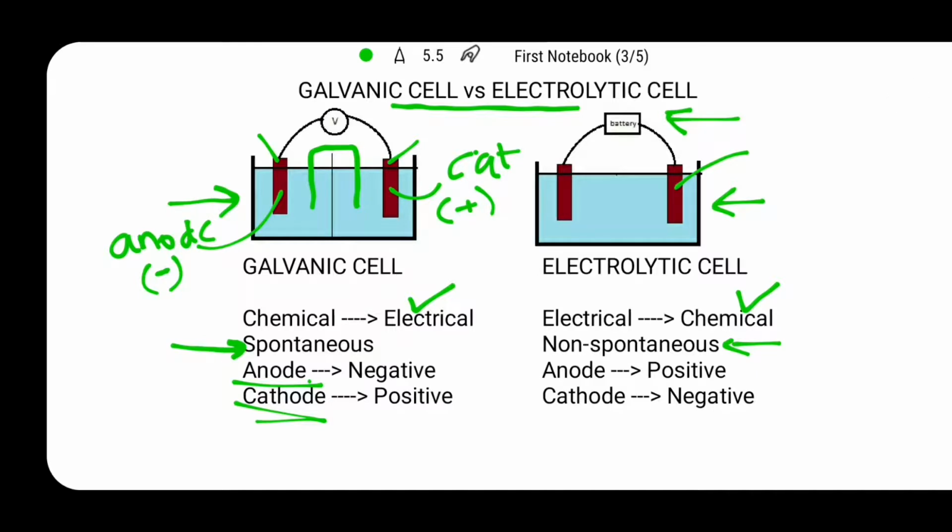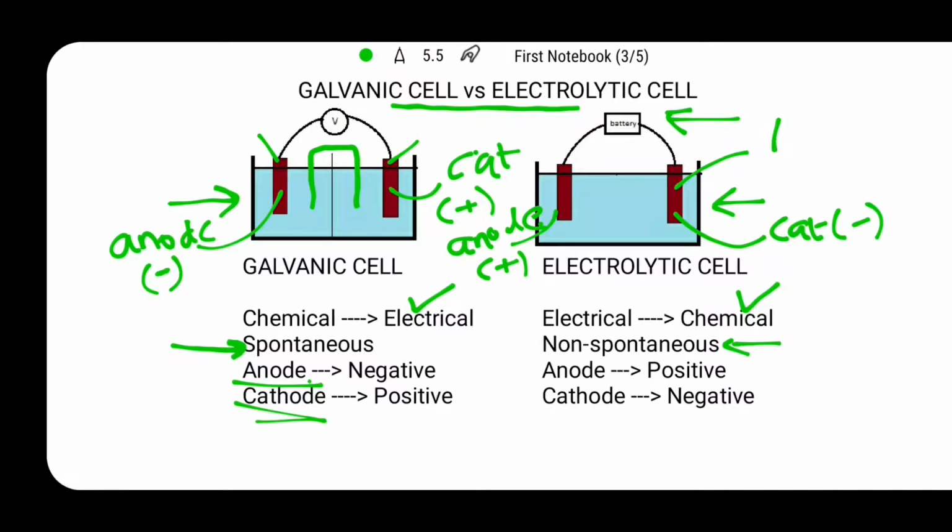The opposite is true for an electrolytic cell. In this instance, the cathode becomes the negative electrode, and the anode becomes the positive electrode.